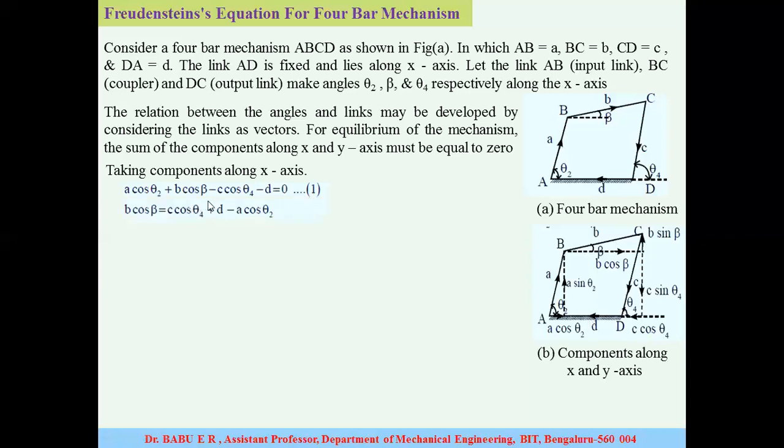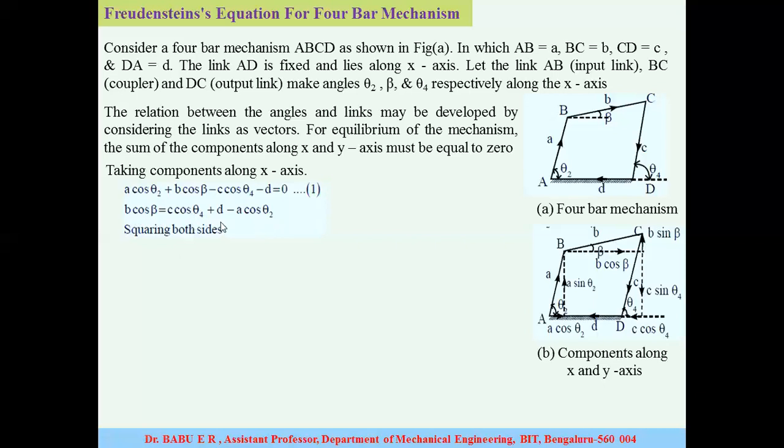Now I will rearrange this. I will keep this term on the left side, and send the remaining terms to the right-hand side. So b cos beta equals c cos theta 4 plus d minus a cos theta 2. Now square this, squaring on both sides.